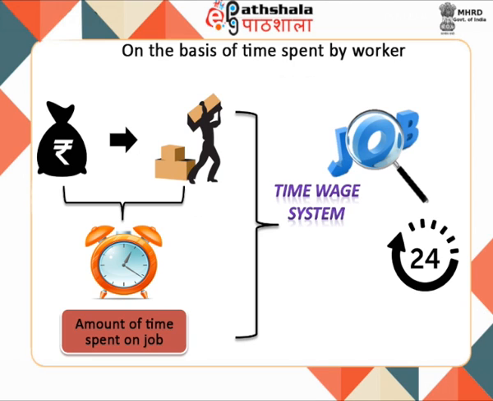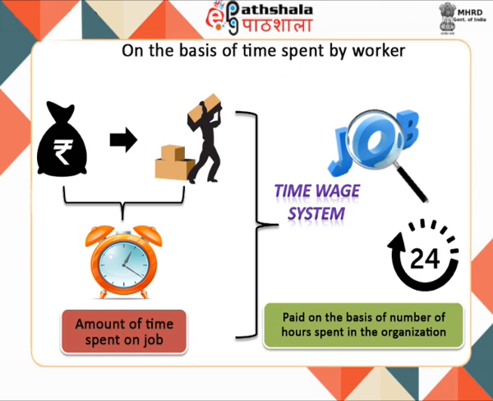Under this system, productivity level or output level is not emphasized. Under this wage plan, the employee is directly rewarded for performing his duty based on time spent by him in the organization. It is a direct monetary reward system under which employees are paid on the basis of the number of hours spent in the organization.